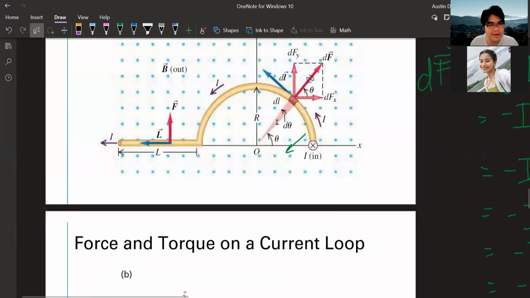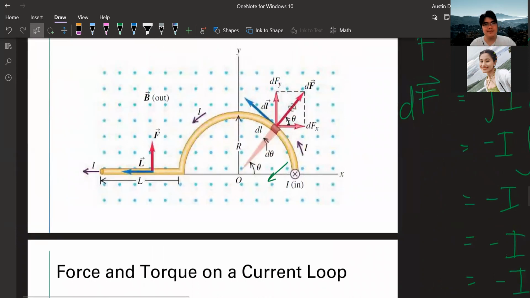Okay, but by intuition, let's do this. For this side, dito sa side na to, meron kang forces that are upward and right. Okay? And then kapag nandito ka na, meron kang forces that are upward and to the left. You know what, malalaman nyo na dito kung sino magka-cancel out.